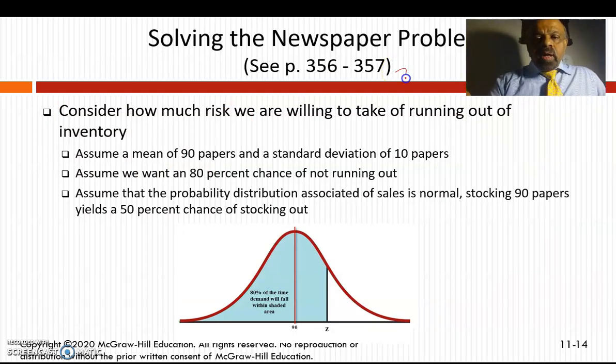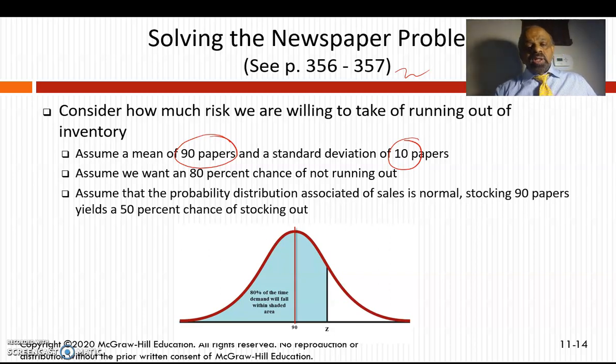You can look at it in the book, which is page 356, 357. Assume that the mean is 90 and the standard deviation is 10. Assume we want an 80% chance of not running out of newspapers.